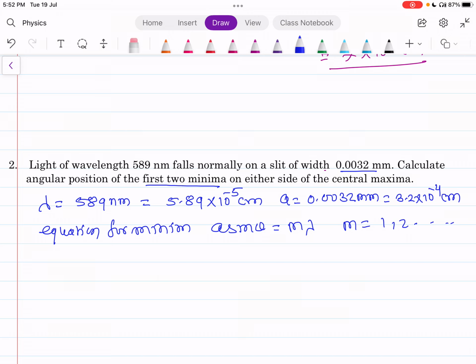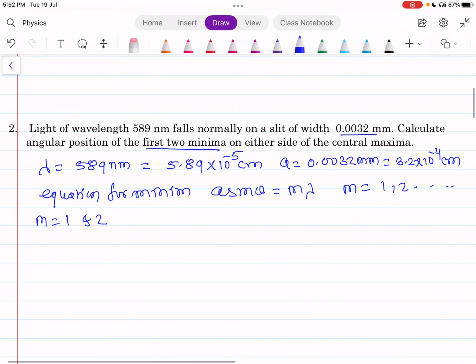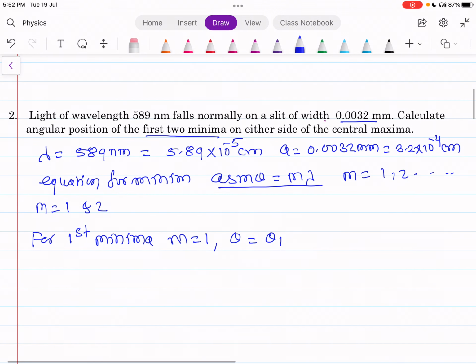So there is minima 1 and there is minima 2, so m equals 1 and 2. So let us first write for the first minima. For first minima, m equals 1, theta is theta 1.